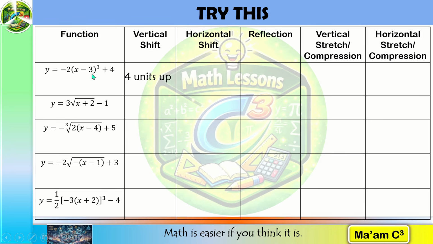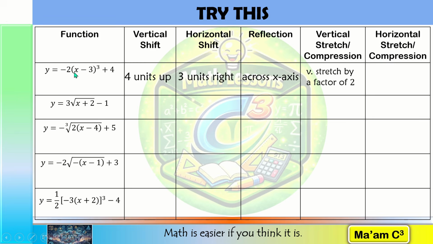Horizontal shift, inside the parenthesis, so this is 3 units to the right. For the reflection, since this is negative, across the x-axis. Vertical stretch, we have 2 here, so vertical stretch by a factor of 2. Horizontal stretch or compression, there is no value of B aside from 1, so there is none.